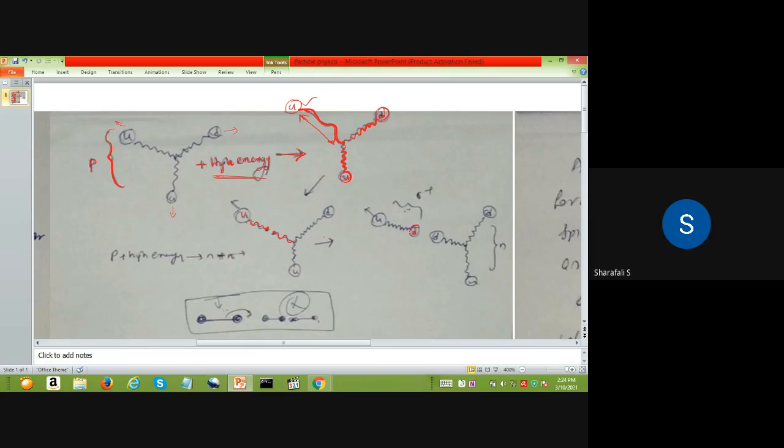So this antiquark D bar will combine with that up quark, okay, and the quark which is produced will be combined with the remaining quarks, and this will form a neutron, that is nothing but UDD. This neutron is nothing but UDD.